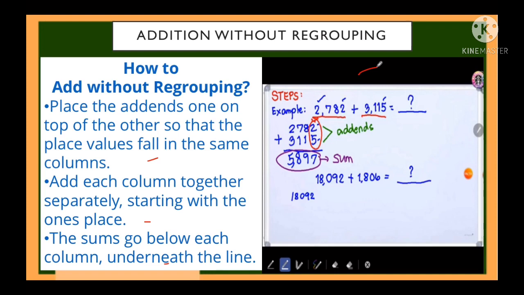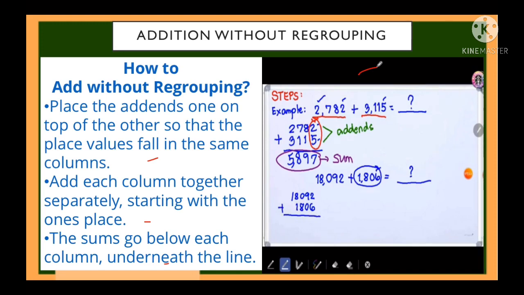And then the second one, we will start with the ones place. What is our ones place here in the second one? We have 6, so I'll put 6 here, and then 0, and then 8, and then 1. And then don't forget the plus symbol and the equal symbol. That is our first step.